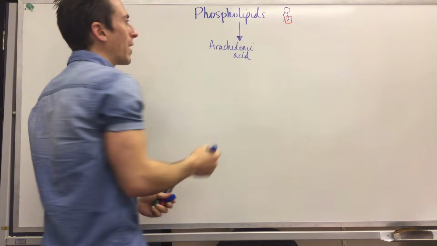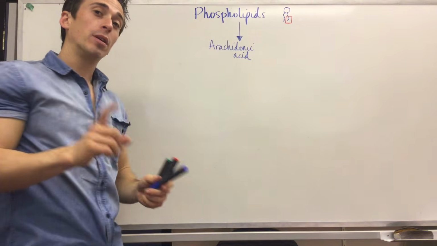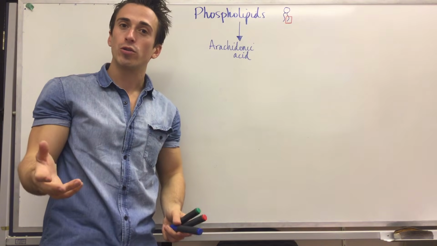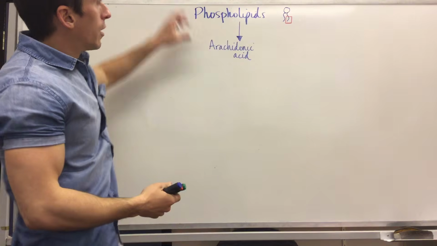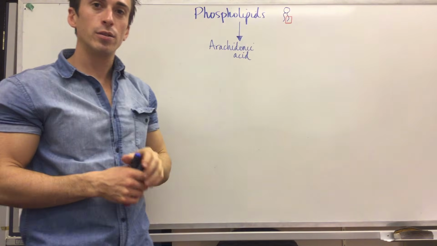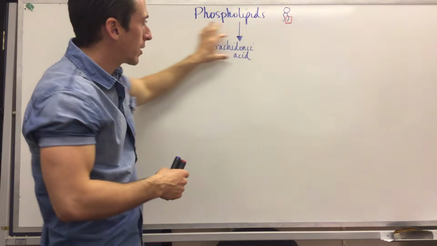Okay? Arachidonic acid. Now, arachidonic acid is important because it produces prostaglandins and leukotrienes. So, from the phospholipids, you have the fatty acid tails. Taking a 20 carbon portion of that fatty acid tail, we can create arachidonic acid.